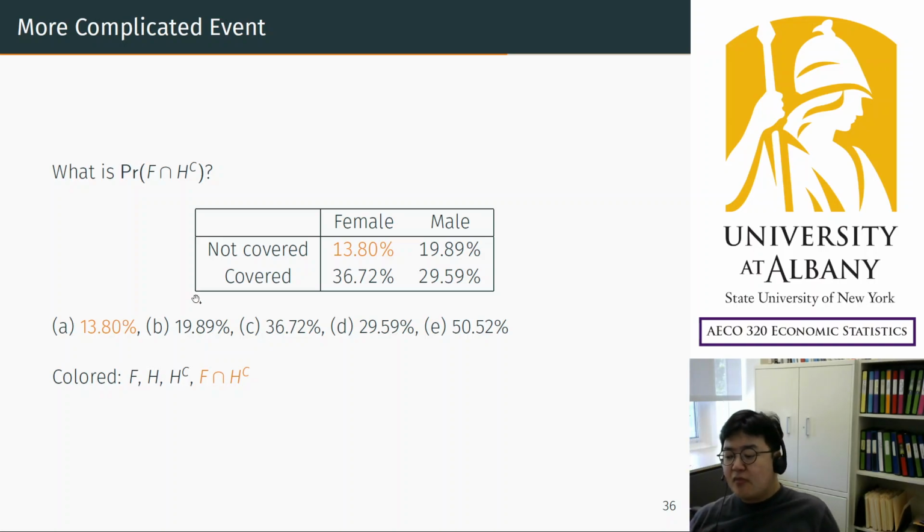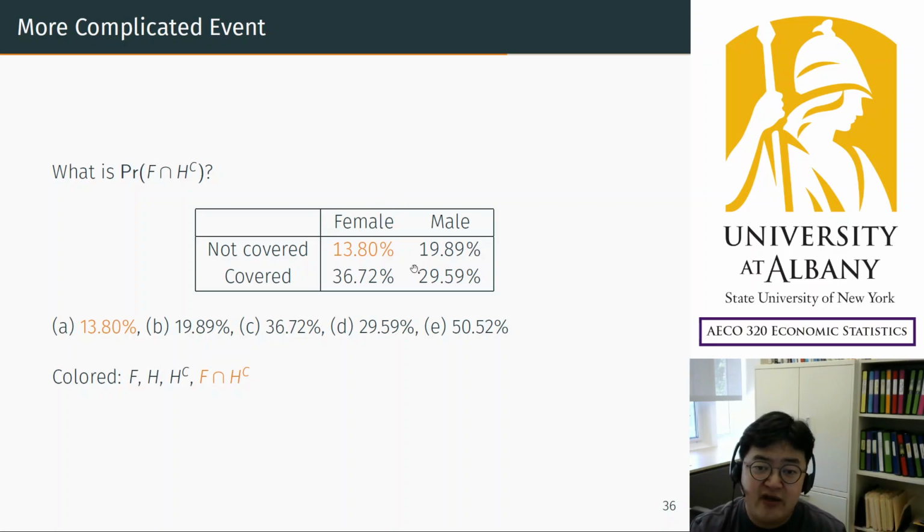By the way, what I show you here is just a single outcome, right? But its expression can be quite complicated because the basic events F and H are defined only for each variable.